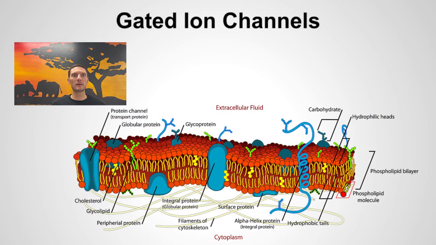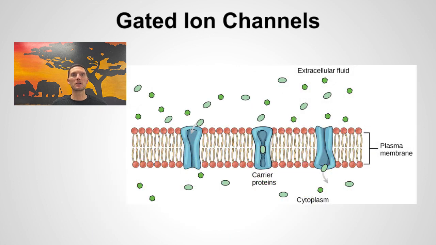The membrane is made up not just of phospholipids, but also proteins, as we've discussed previously. These proteins can serve as channels, in this case specifically gated ion channels. They allow specific ions to move across the membrane in either direction, like potassium ions or sodium ions, something that's positively or negatively charged.